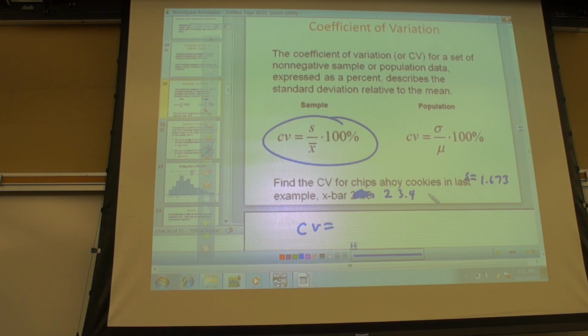So on the next page, halfway through, find the critical value. Or sorry, not the critical value, the coefficient of variation, my bad. Find the coefficient of variation, and use S is 1.67. I know I gave you stuff in there, huh? That's okay.